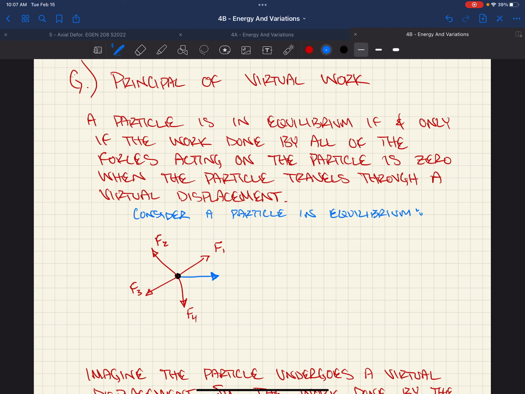So the work done by all of the forces acting on the particle is zero. So we have some sort of delta U, or some small change in displacement. We have the angle over which all of our forces are acting with respect to that displacement.